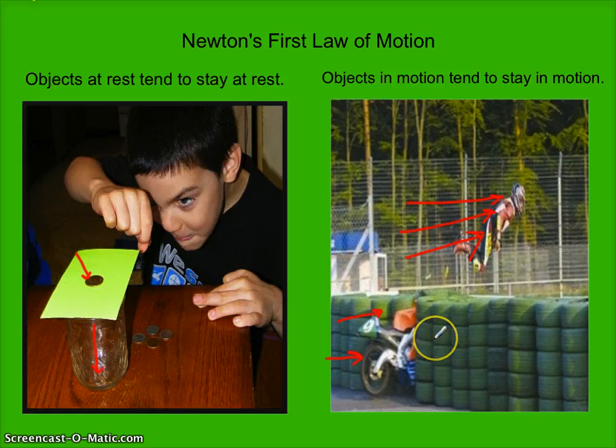And these tires were definitely an unbalanced force. And this cart is not going to be as much of an unbalanced force because it's not making it move. If he were to flick the coin, that would make it move, of course. They both continue until acted upon by an unbalanced force, whether it's going to be at rest or not going to be at rest.